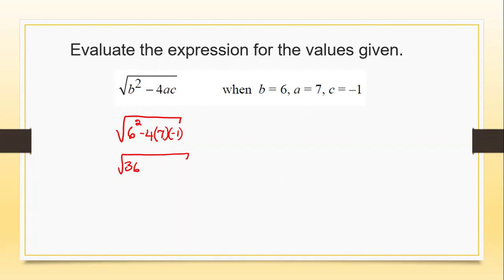Negative 4 times 7 is negative 28. Negative 28 times negative 1 is positive 28. We have the square root of 36 plus 28, which is equal to 64. The square root of 64 is 8.